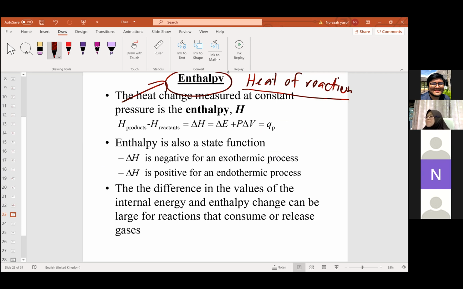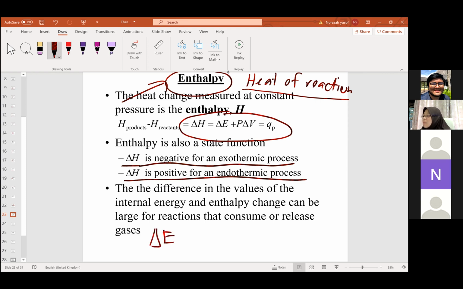So again, we have this negative sign, positive sign, depending on the process, whether it is an absorbed or a release process. So very important, if you look at here, it goes back to the one that we discussed just now.